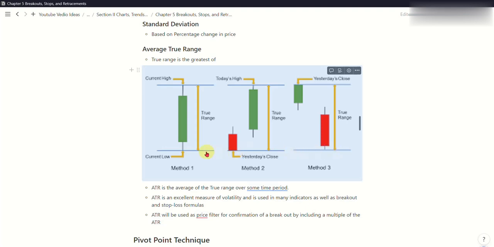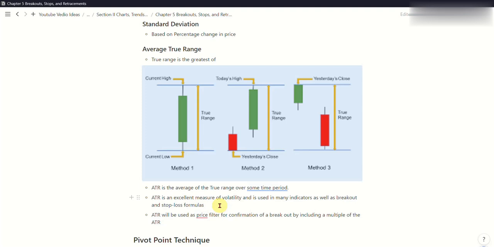The greatest of the three is the true range. Once we compute true range, ATR is the average of true range over some time period. It may be 14 days or 21 days, whatever it is. ATR is an excellent measure of volatility and is used in many indicators as well as breakout and stop loss formulas.